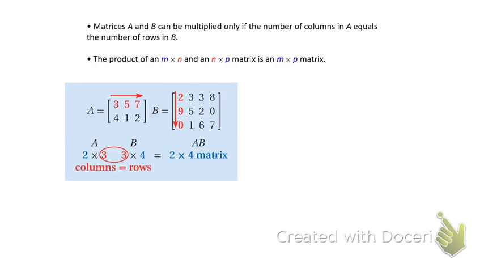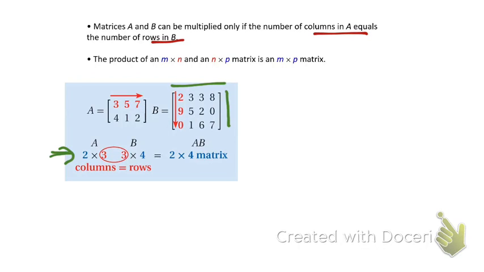Okay, so we have matrix A and B. And again, we have that stipulation. The columns in A have to equal the rows in B. So if we look at A, we see that we have 2 rows and 3 columns. So we have a 2 by 3, which is right here. And then if we look at B, we see that we have 3 rows and 4 columns.